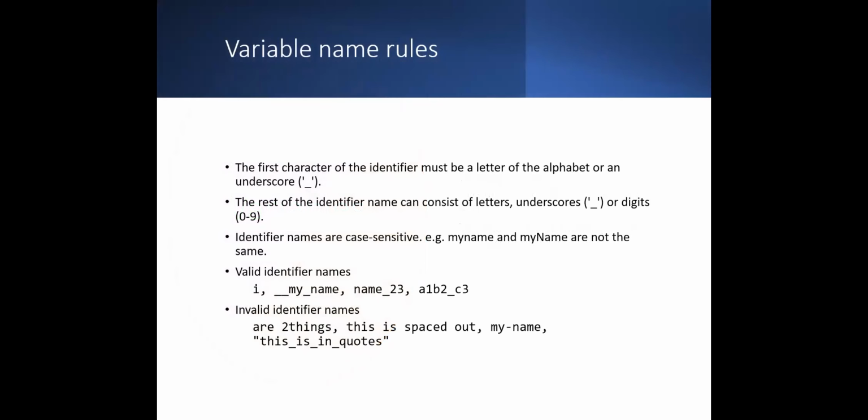Now, another thing that you need to remember is how do you form variable names or identifiers? So here are the rules. The first character should be an English letter, or you can even use underscore.